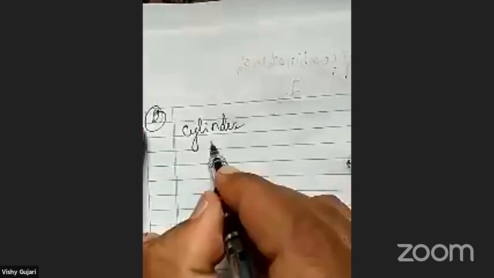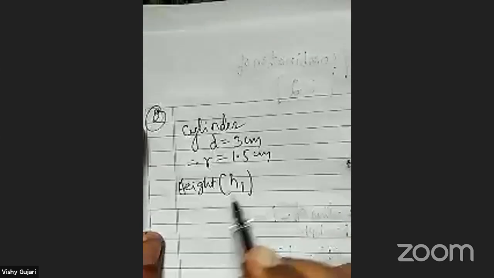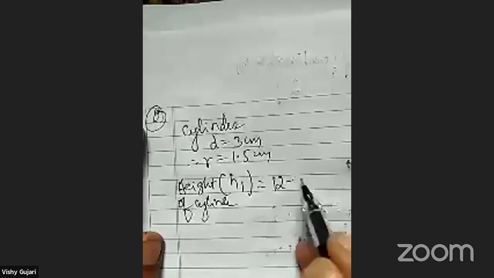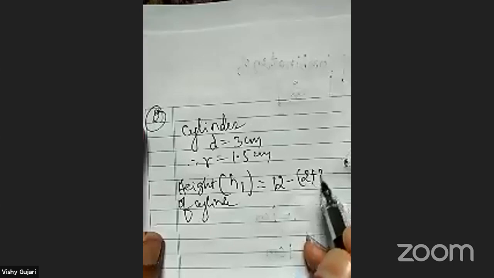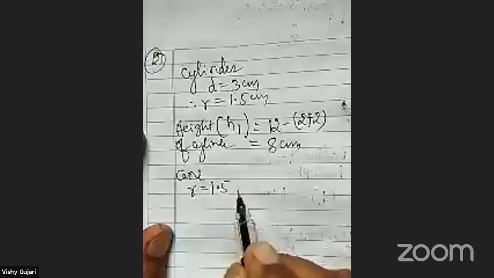If you are considering the cylinder, diameter equal to 3 centimeter, therefore radius will become 1.5 centimeter. Height, I will call it H1 of cylinder, is equal to 12 minus 2 plus 2, that will become 8 centimeter. And when you are considering the cone, radius of the cone is 1.5 centimeter.